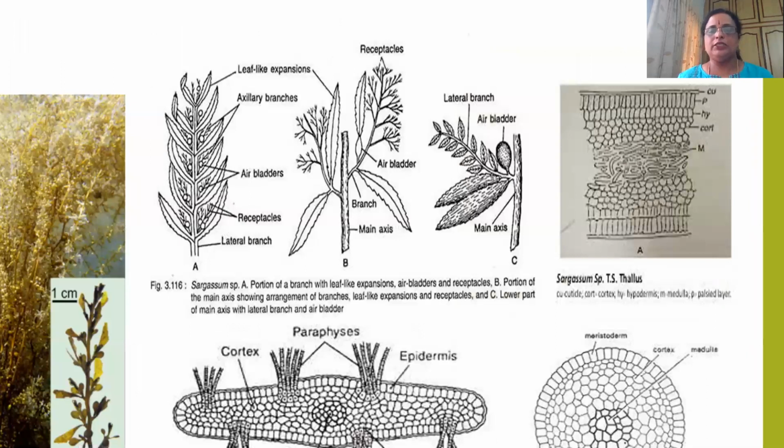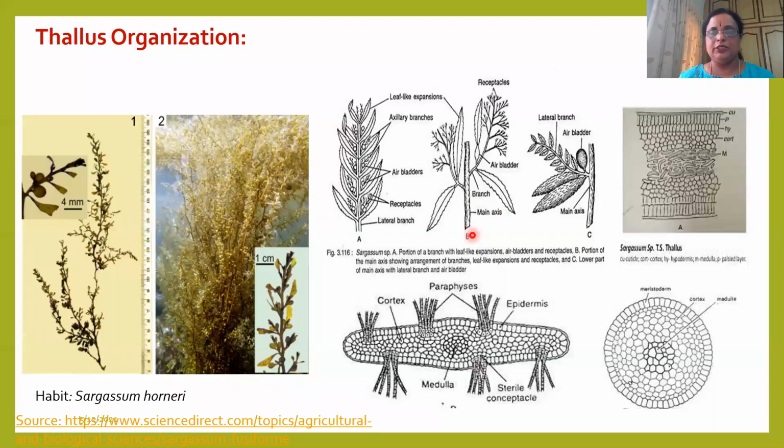And also there are certain receptacles. If you take a transverse section of the receptacles and observe it under the microscope, you know what these receptacles are? The main function of the receptacle is to bear reproductive structures. In some of the receptacles, they are sterile. They produce certain sterile conceptacles. These are conceptacles which don't have either oogonium or antheridium.